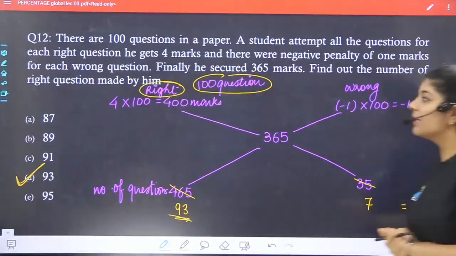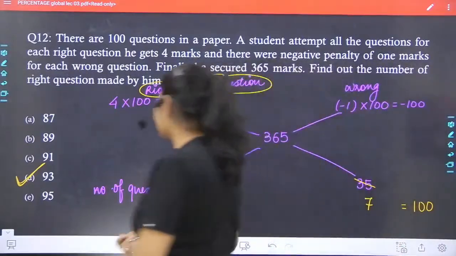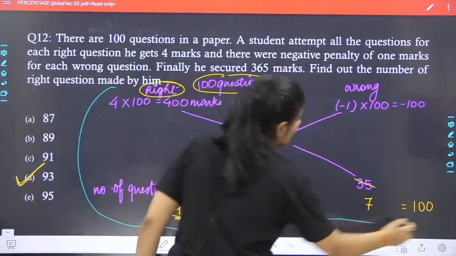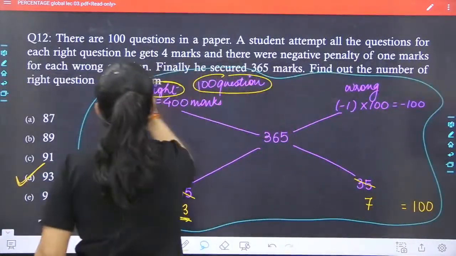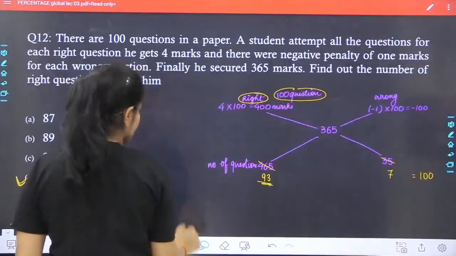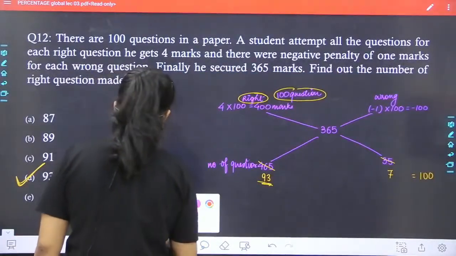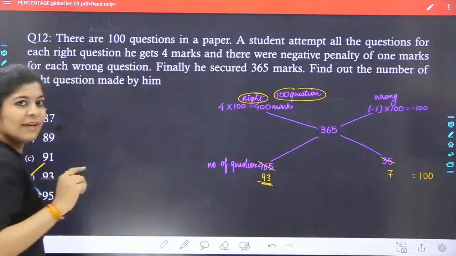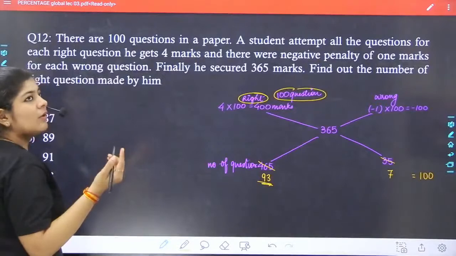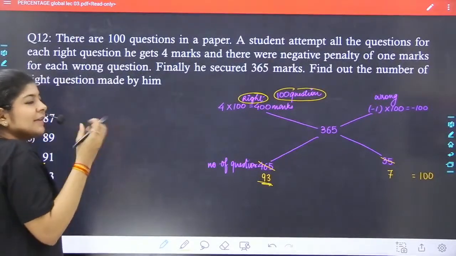Very good. This is our first method, where we use alligation. We have a second method as well. If he attempts one wrong question, how many marks will he lose?